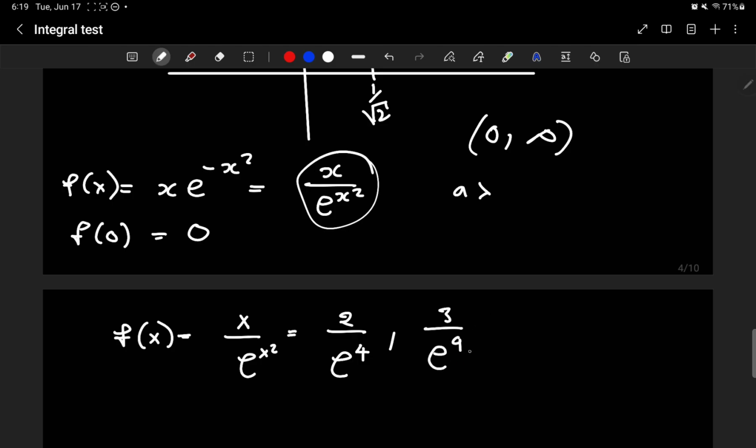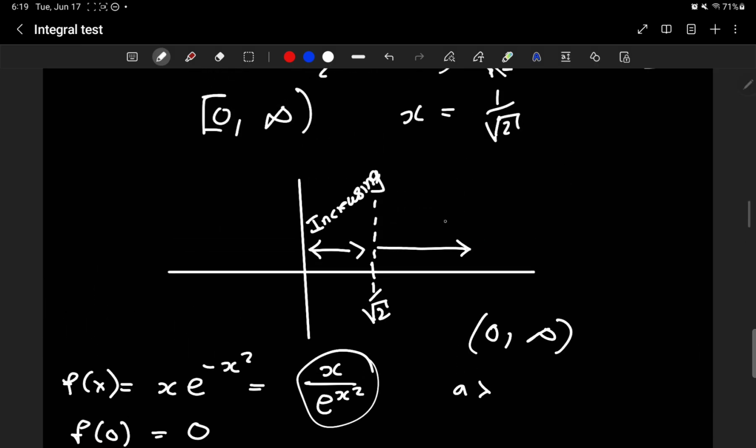What you'll see here is that the denominator is becoming bigger faster than the numerator, implying that these numbers will be reducing. So from here going forward, we see that the function is actually decreasing. So this proves that eventually our function will be a decreasing function. Of course, it was increasing in the first small part there from 0 to 1 over root 2.